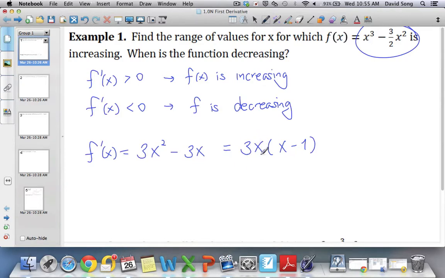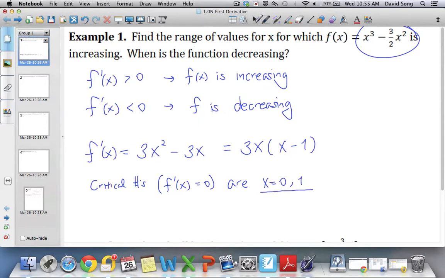When is 3x 0? When x is 0. And when is x minus 1 equal to 0? When x is 1. So your critical numbers, that's when f prime of x is 0, are x equals 0 and 1.